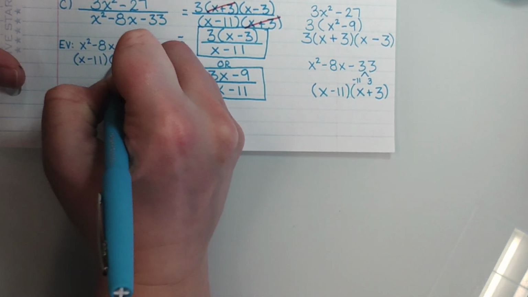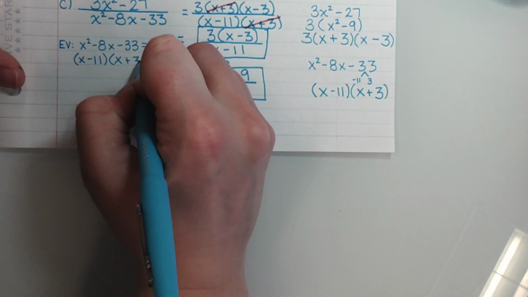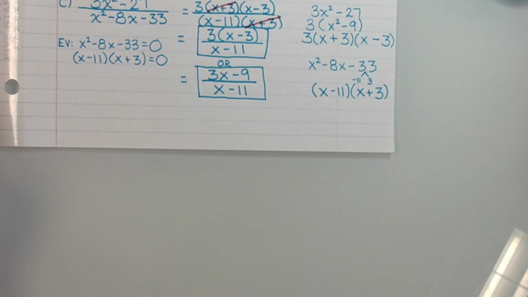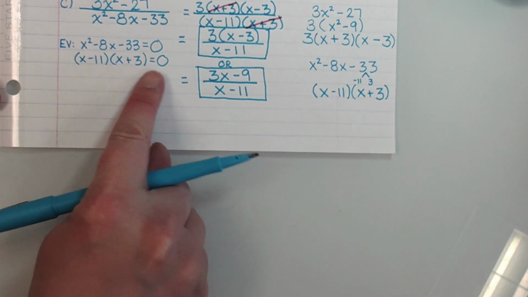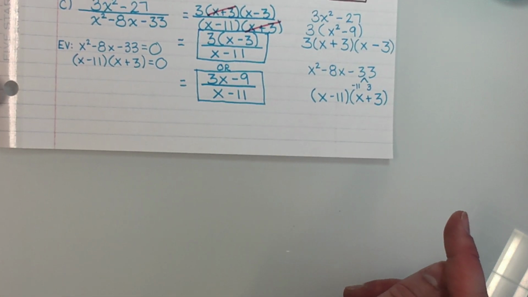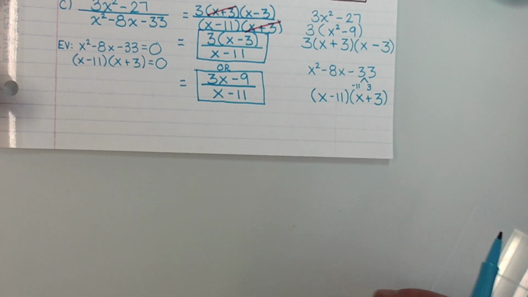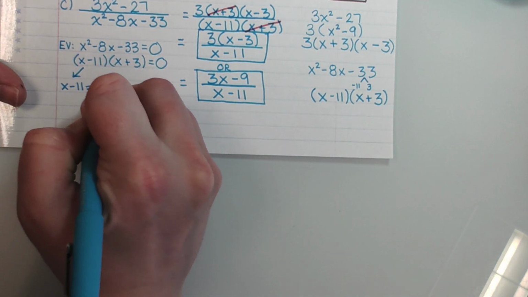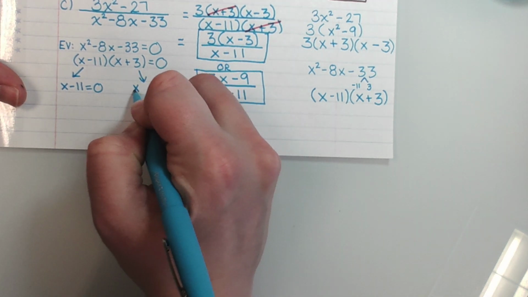Slight shortcut. Set the factored form equal to 0. If that's what you said, I missed it. How do I solve that now? Split them up. The only way things multiply and get 0 is if you're multiplying by 0.